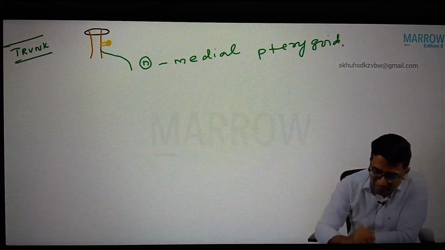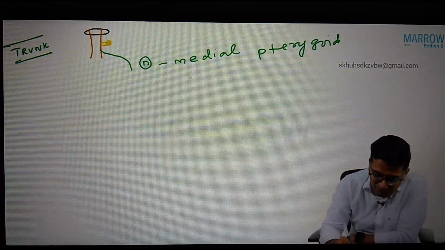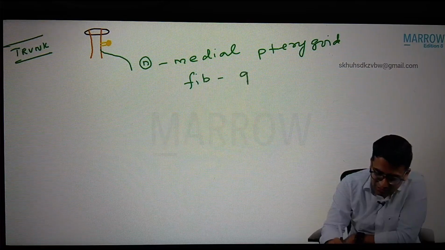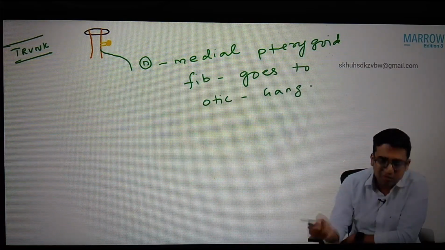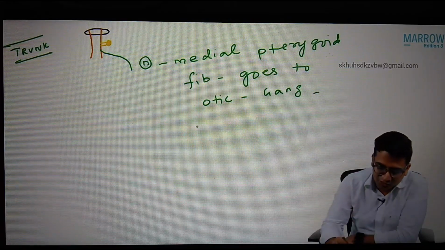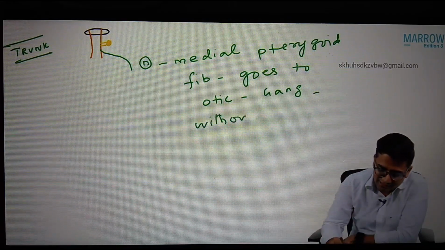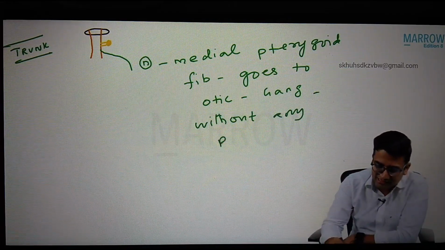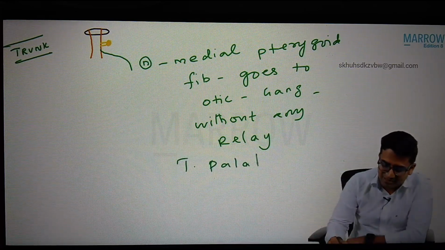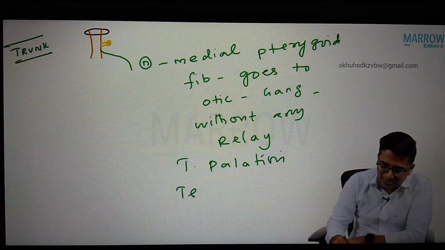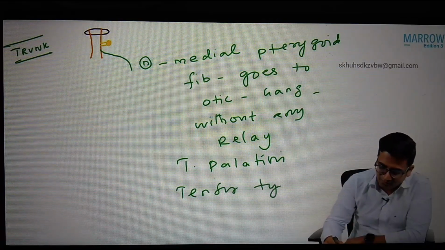Now, the nerve to medial pterygoid, after supplying the medial pterygoid muscle, the fibers go to the otic ganglion. Now fibers from the otic ganglion, without any relay, supply two more muscles. What are those? One is tensor palatini muscle and another one is tensor tympani muscle.